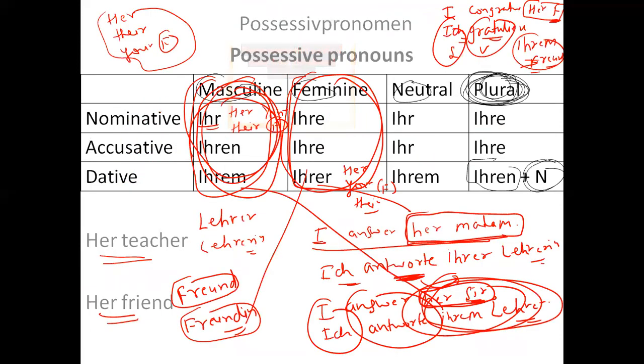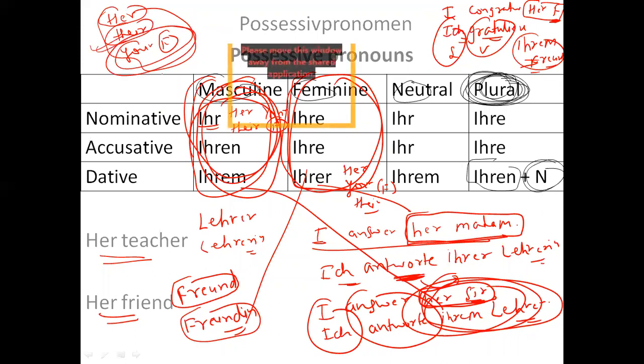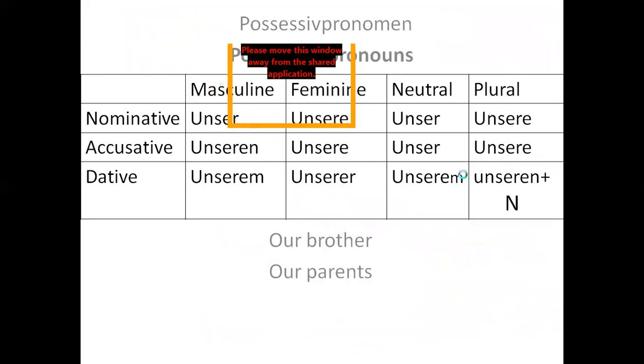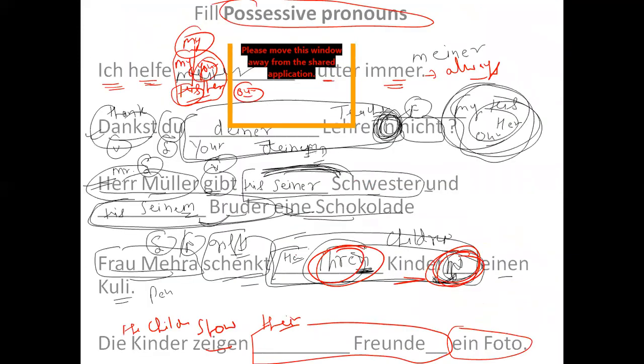I told you that this table gives you three meanings. One is her, second is their, and third is your formal, right? So their friends. Friend is singular, but friends is plural. Again, it would be ihren plus n. So if I see here, it should be ihren Freunden, right? So ihren plus n.